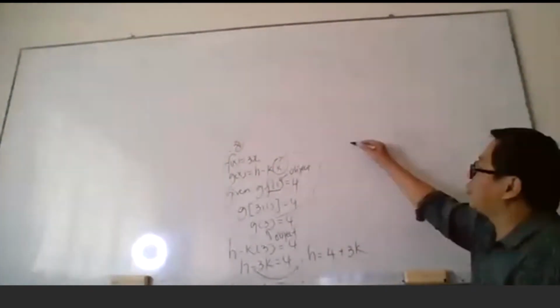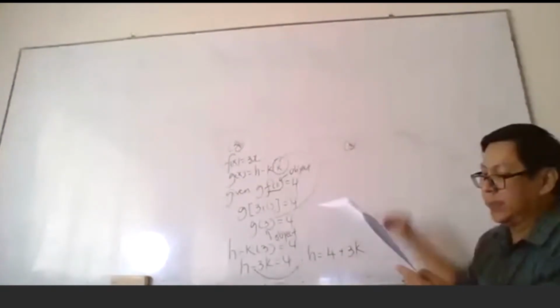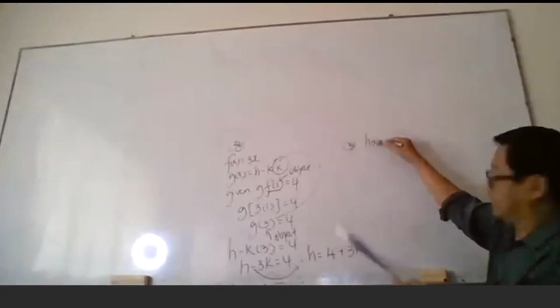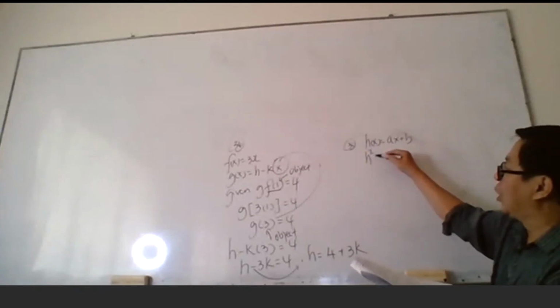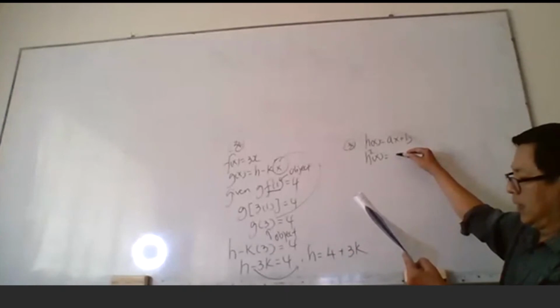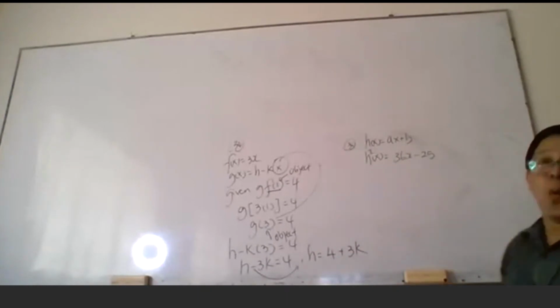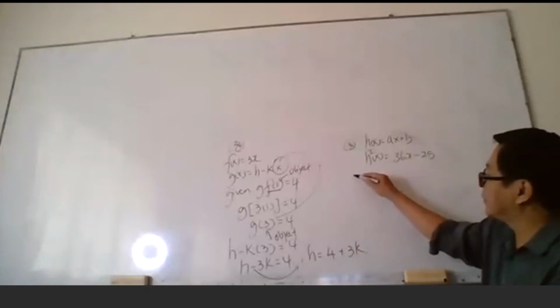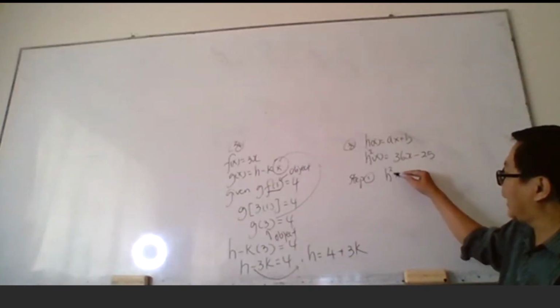Another one, question 35, will be a very famous exam question. They give you h(x) = ax + b, and the question also gives you the composite, which is 36x - 25. Step 1, you find your h squared x.